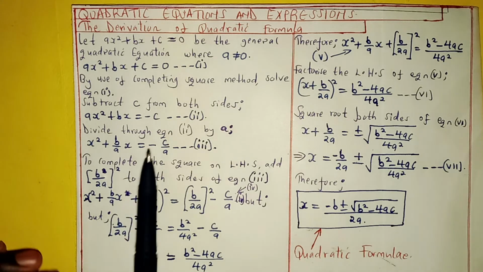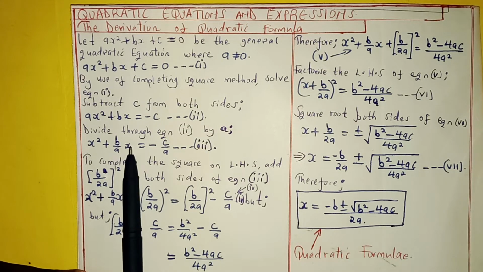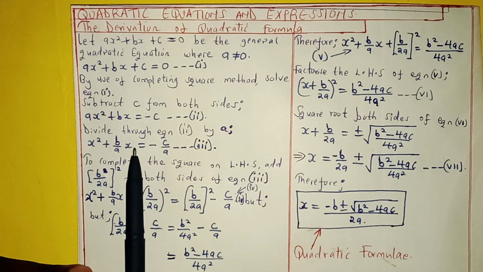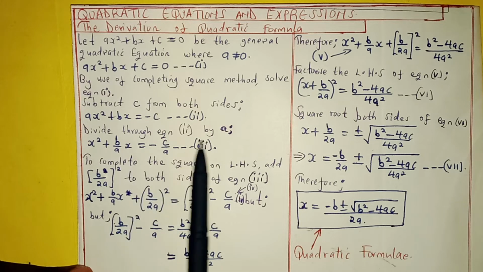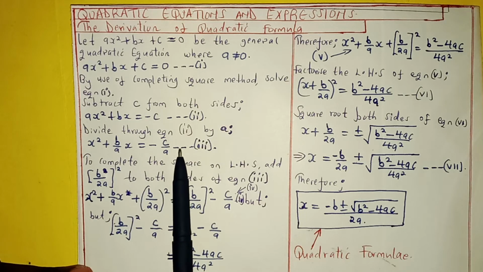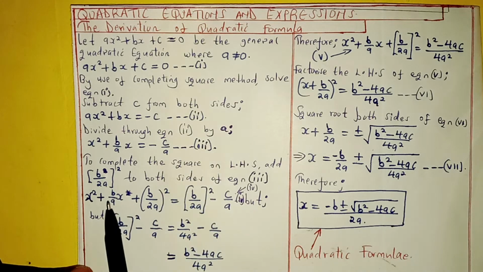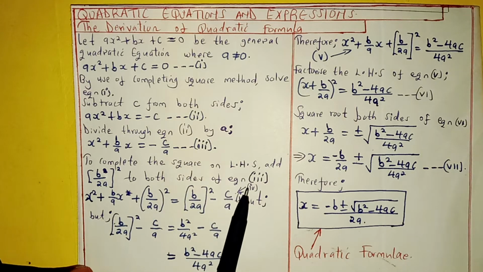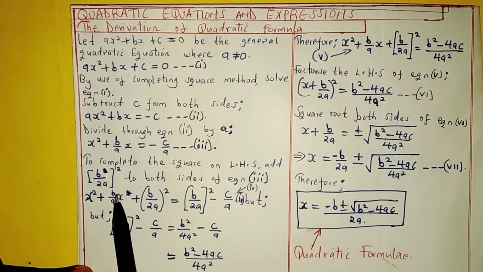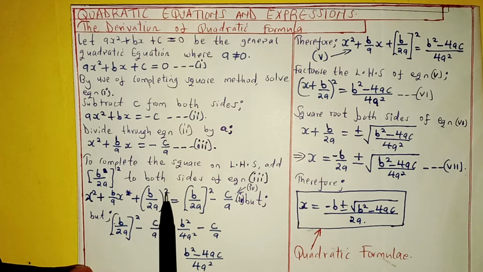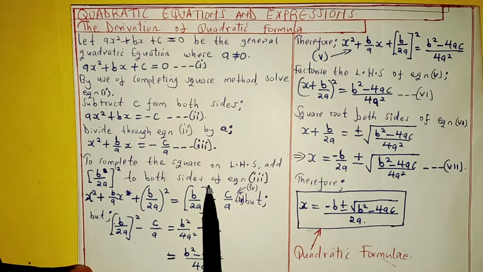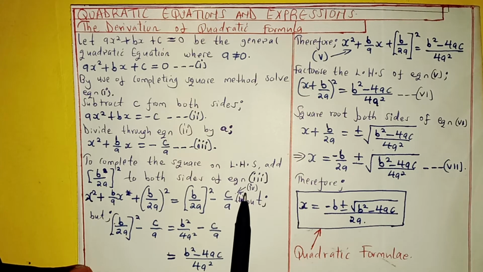So we add on the left hand side b over 2a squared, then again on the right hand side b over 2a squared. When we add, we get equation number 4. Of course, we have x squared plus b over a x plus (b over 2a) squared equals (b over 2a) squared minus c over a. That is our equation number 4.